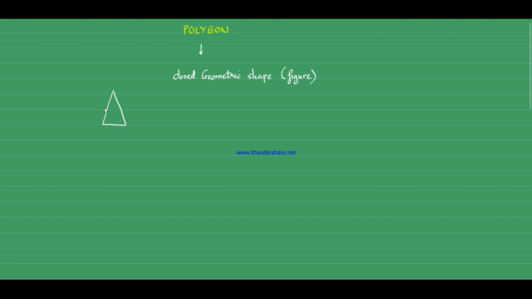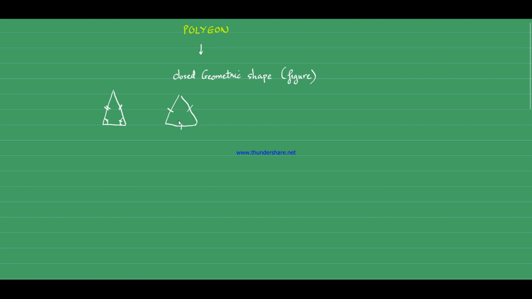An isosceles triangle is when you have two sides equal to each other, and the base angles are also congruent to each other. Then we have equilateral. An equilateral triangle is a triangle where you have three sides congruent to each other.